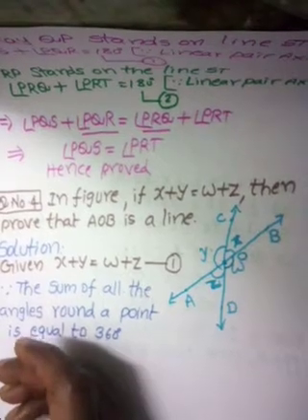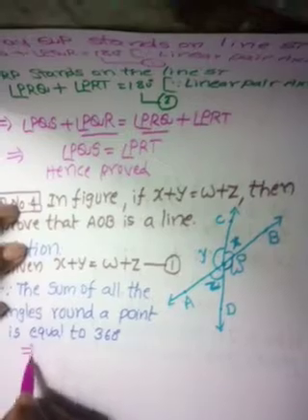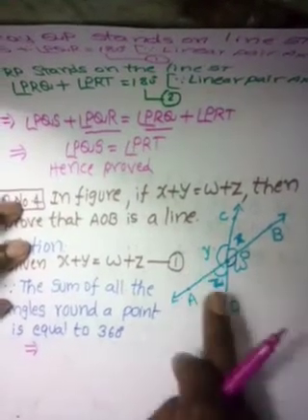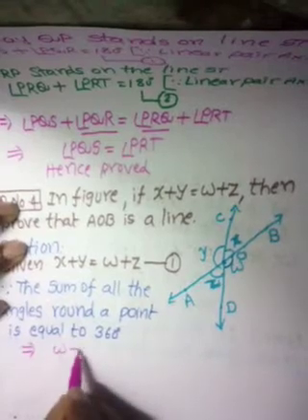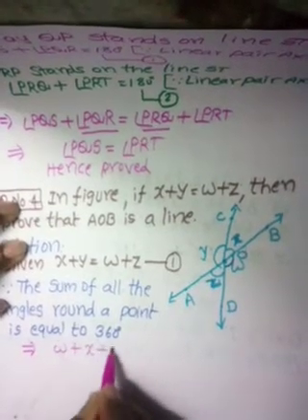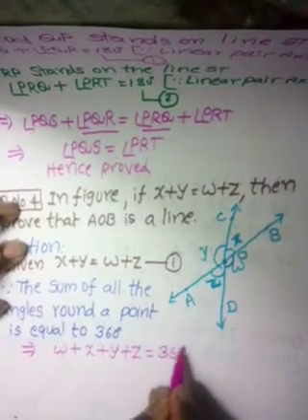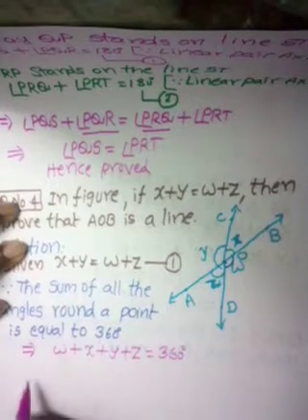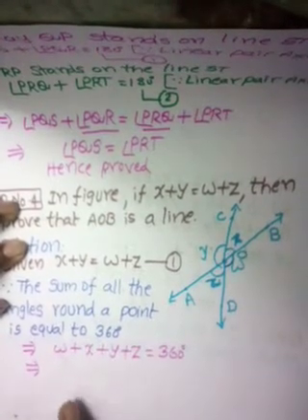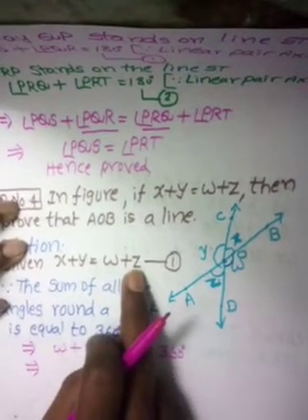Right. Now, what are the four angles here? x plus y plus z plus w. So w plus x plus y plus z is equal to 360 degrees. Understood this step, my dear children? This implies, we know that x plus y is equal to w plus z.